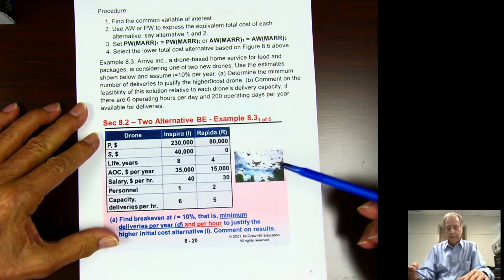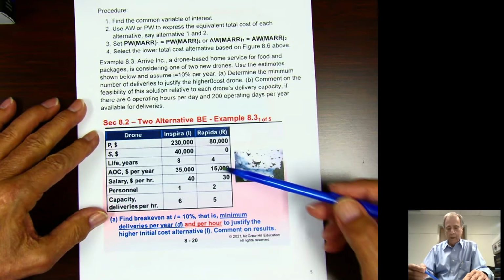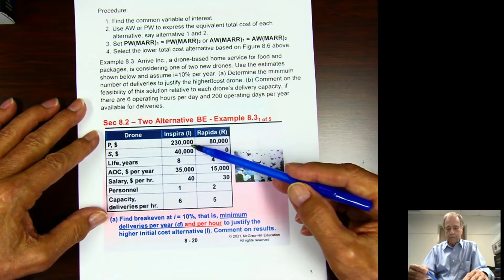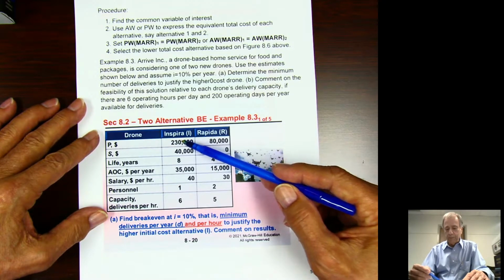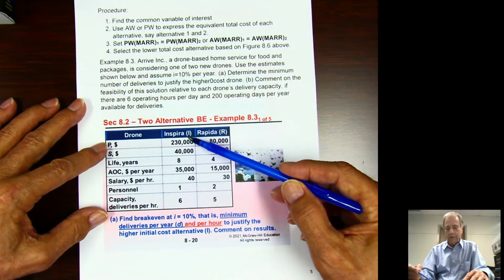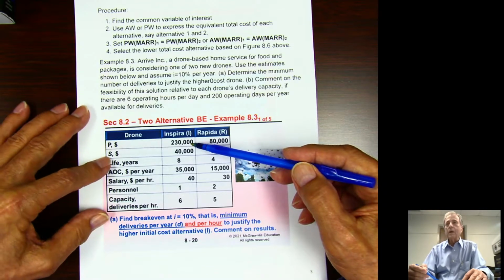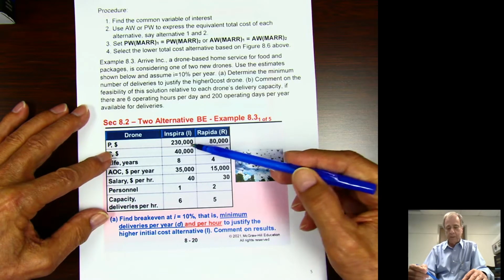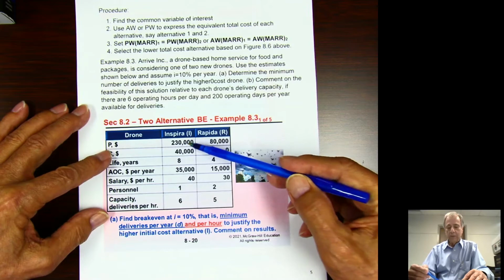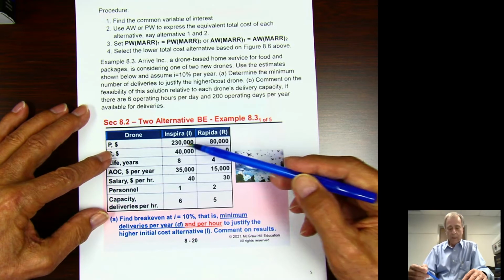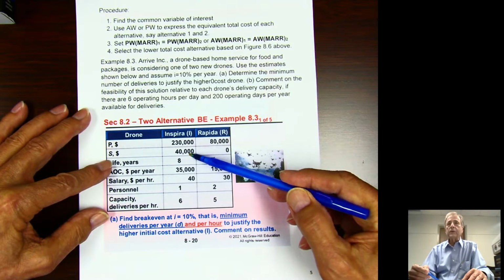Of deliveries. So he calls it the Inspira alternative and the Rapida alternative. The Inspira costs quite a bit more. It has a present cost of $230,000. It has a salvage value of $40,000.